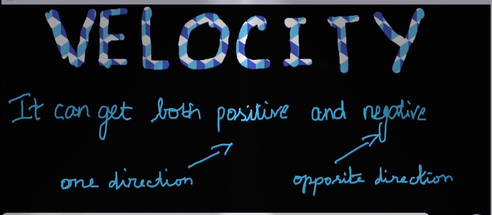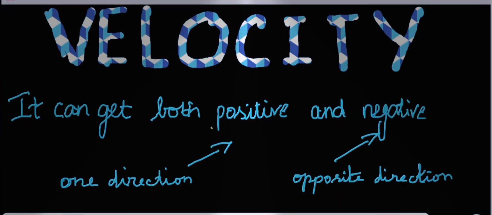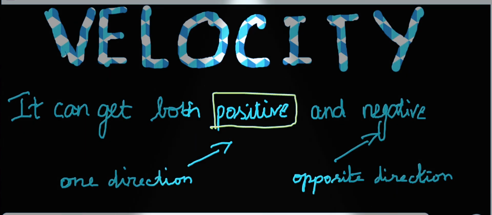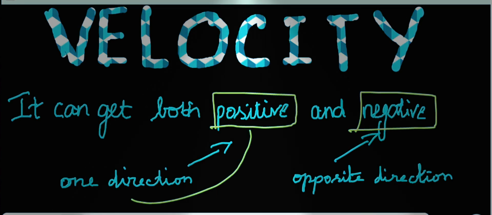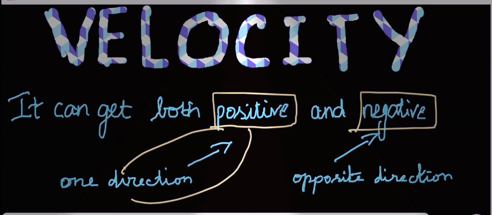Velocity has positive and negative values. Positive will be in one direction. In the opposite direction, the velocity will be in negative values.